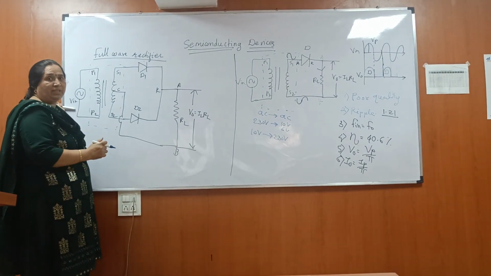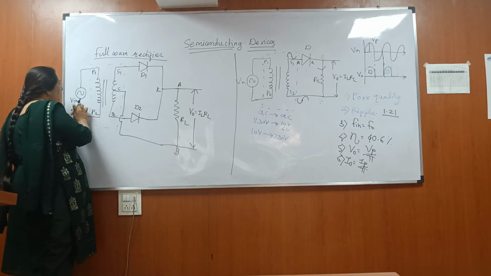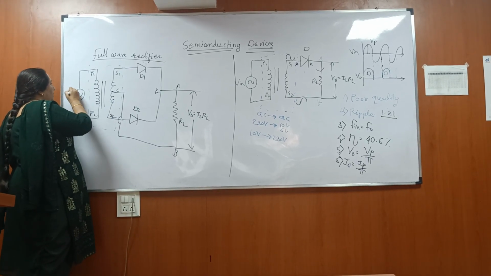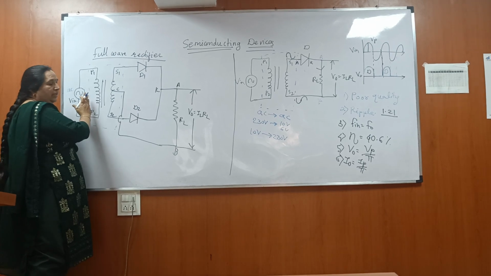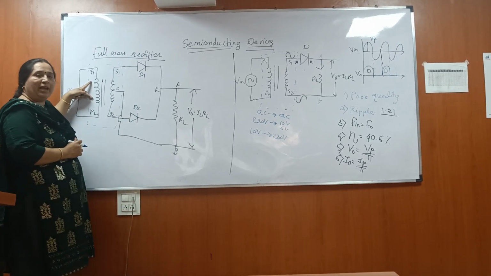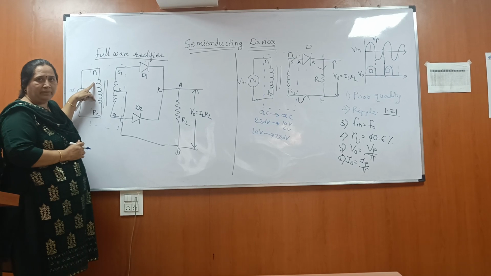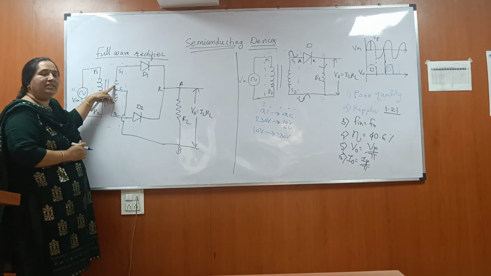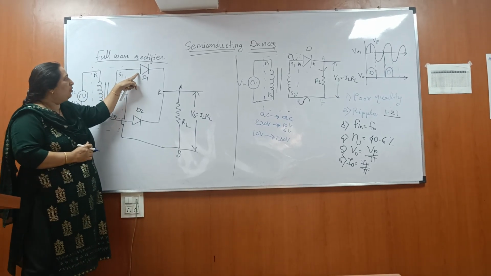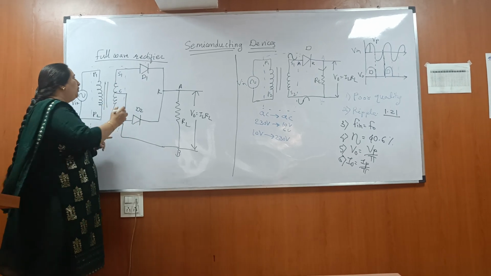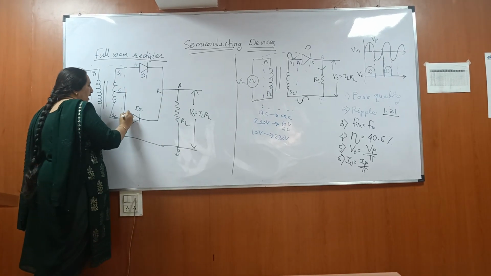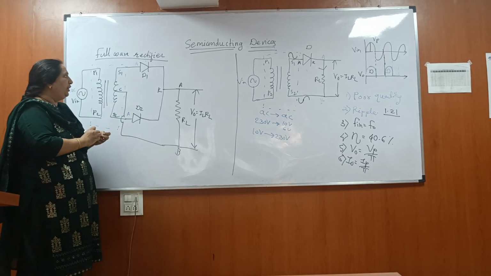Now the construction of the circuit is like this. This is the input AC which is to be rectified. It is connected to the primary winding of the transformer. The secondary windings are connected to the anodes of diodes D1 and D2.